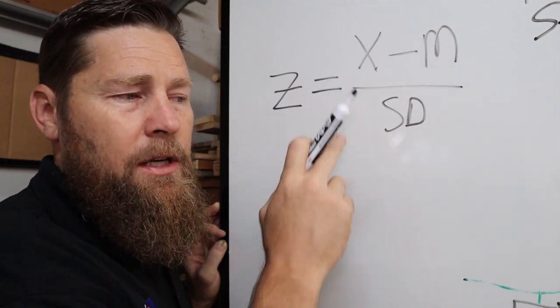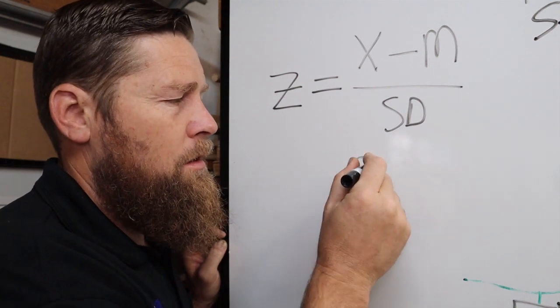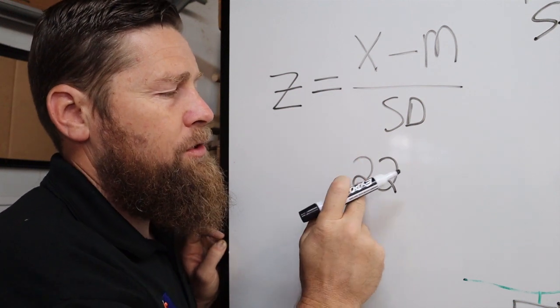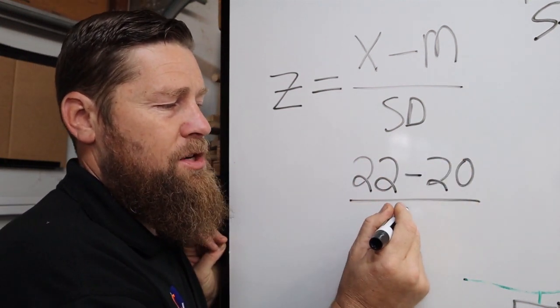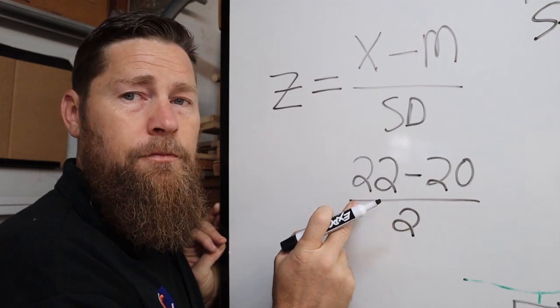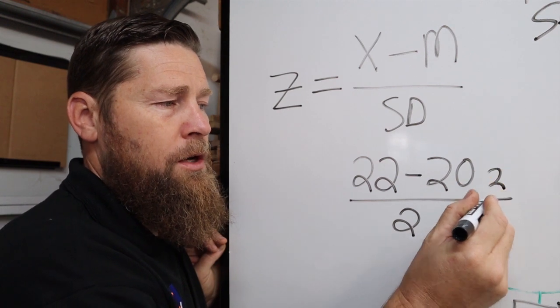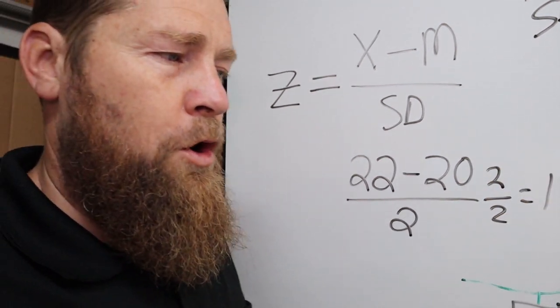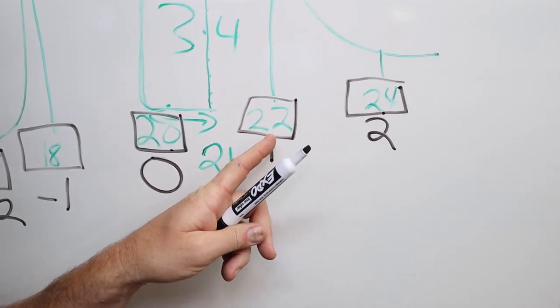So if we wanted to find out what the Z-score for 22 is, X is 22, mean is 20, standard deviation is 2. So 22 minus 20 is 2. 2 divided by 2 is 1. If we go back, we can see the Z-score for 22 is 1.